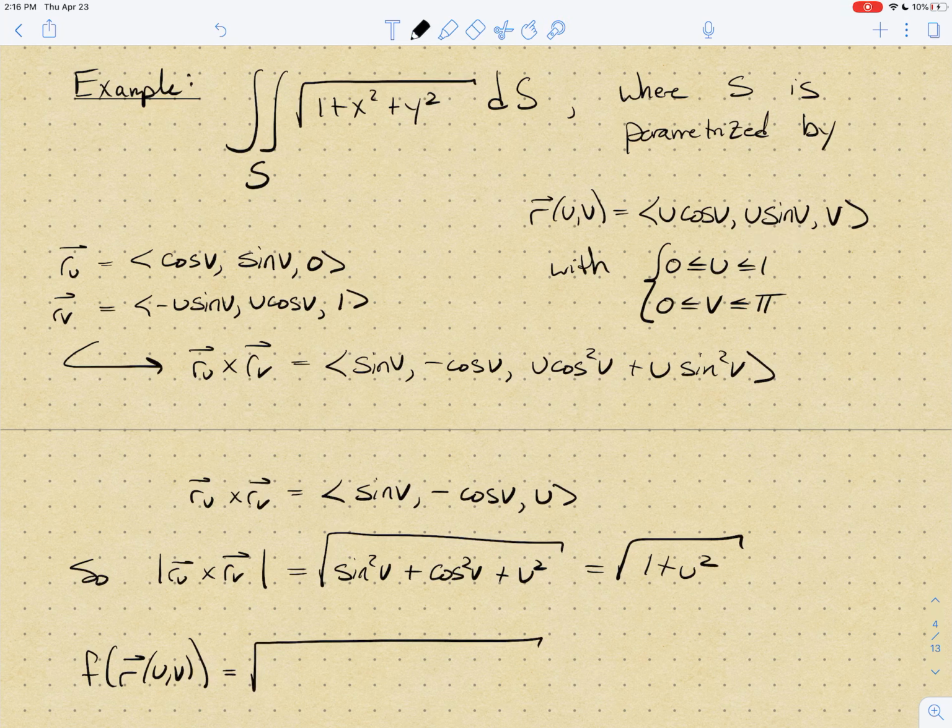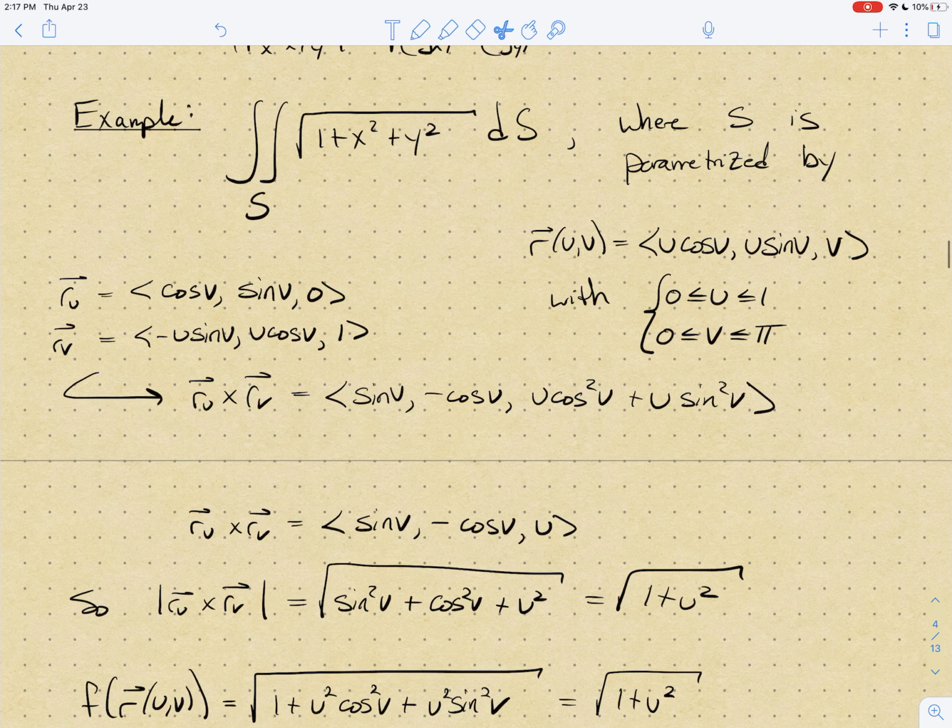I'm going to get radical 1 plus u squared cosine squared v plus u squared sine squared v. Again, factor the u squared and you get a cosine squared v plus a sine squared v, which is just 1. So this becomes the radical, excuse me, of 1 plus u squared. Interesting. These are actually the same. We didn't make a mistake. These are the same. Let's just keep going.